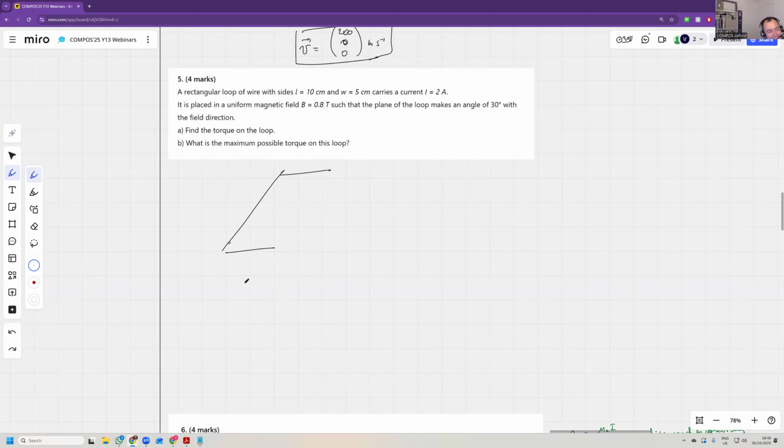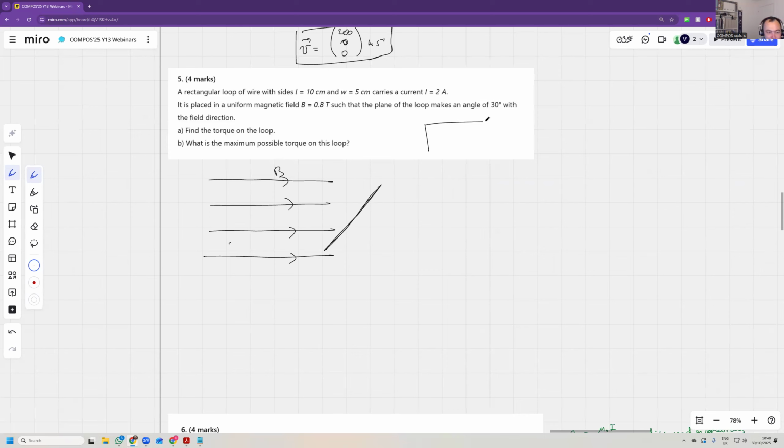I'm so bad at this. Drawing loops in 3D kills me. Okay, so let's have a magnetic field here, and we're going side view. So we place the loop like this.